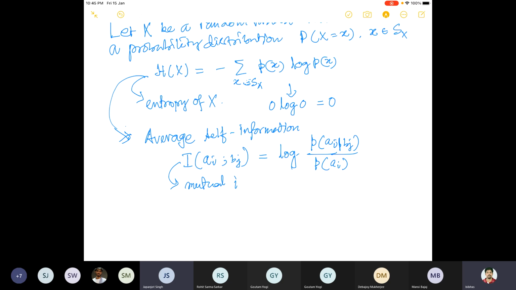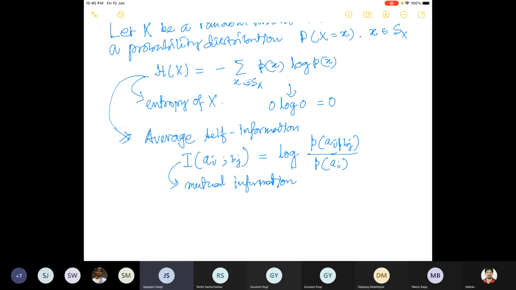Sir, I have a doubt. Entropy is the average of uncertainty, and we are summing over the information of each event multiplied by its probability.